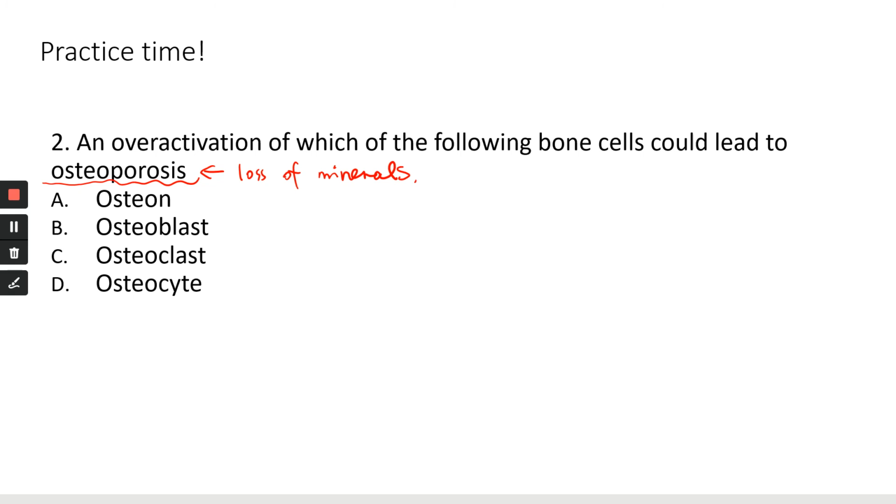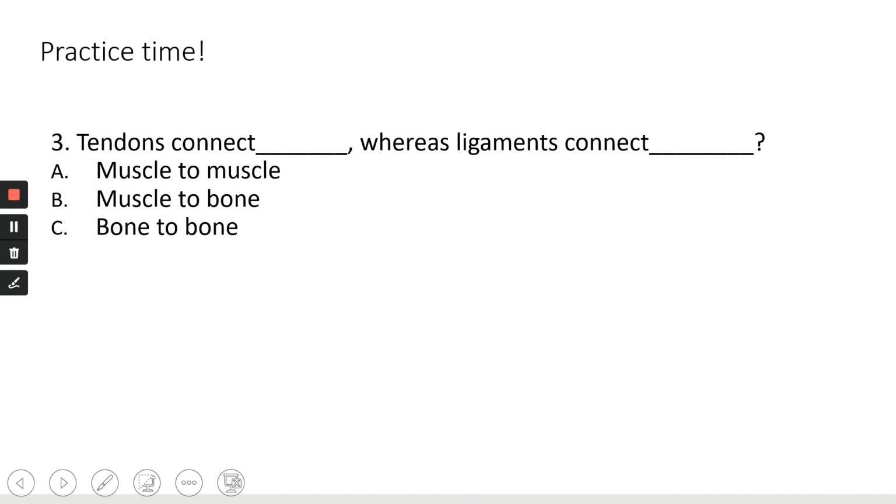And then the second one is which cell causes a bone resorption, or which cell breaks down the bone matrix so that you can resorb the mineral salts in the bone matrix. Osteoclasts, right? C for cleavage. So it breaks down bone matrix.